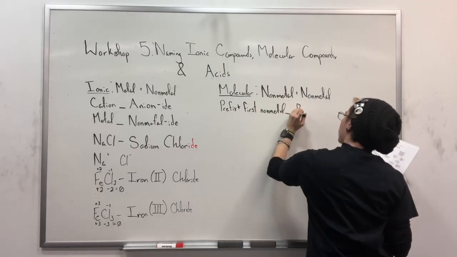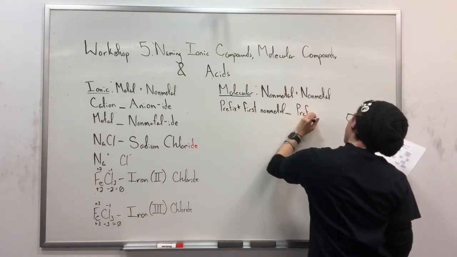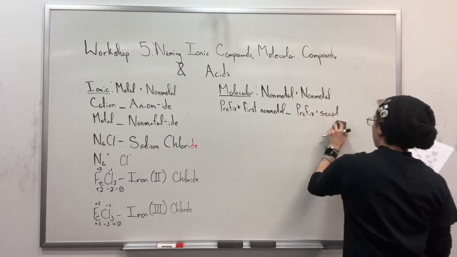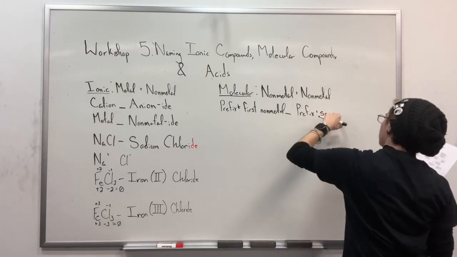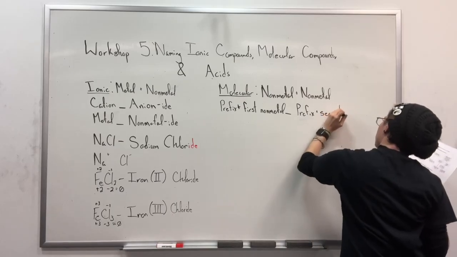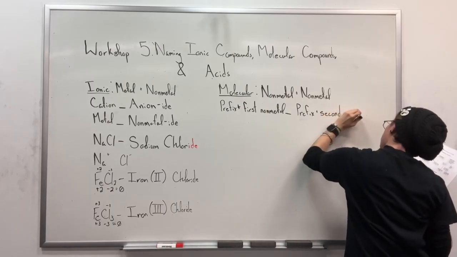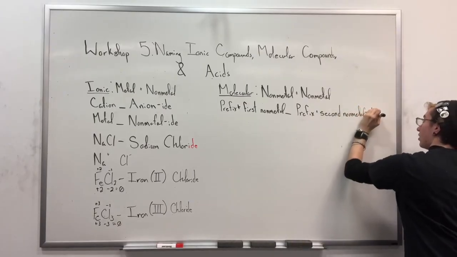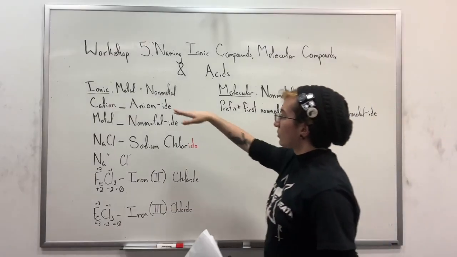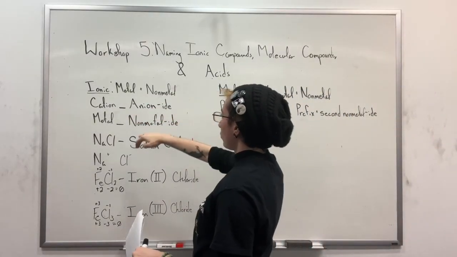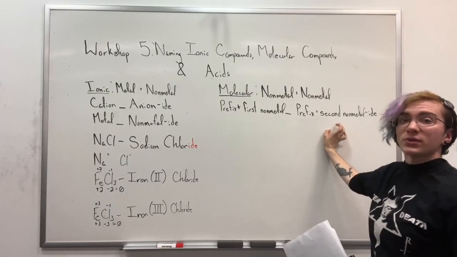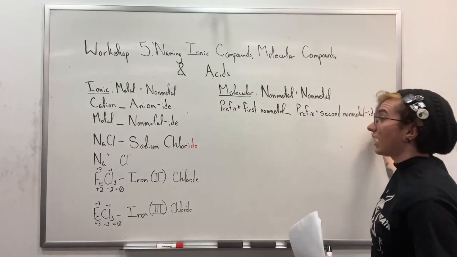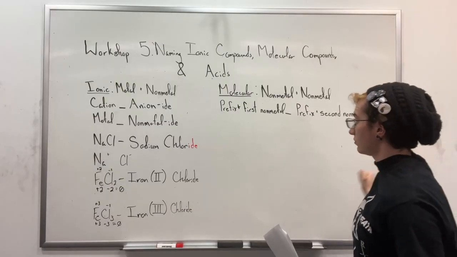Space, and then another prefix plus second nonmetal. And again, we have that IDE ending on the second half of the compound. So it was cation, then anion with the IDE ending, or metal, then non-metal with the IDE ending. The same thing happens with molecular compounds. It's just instead of having metal, non-metal, it's first non-metal, second non-metal with the IDE ending. It's still the same order.